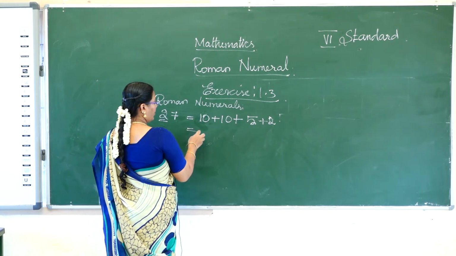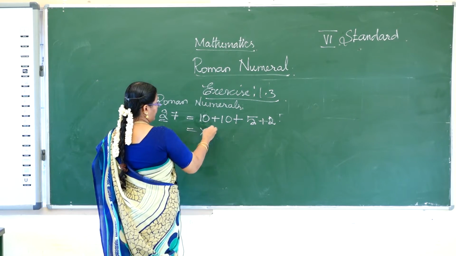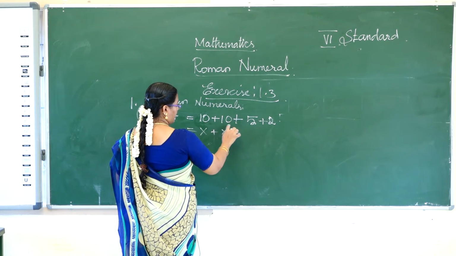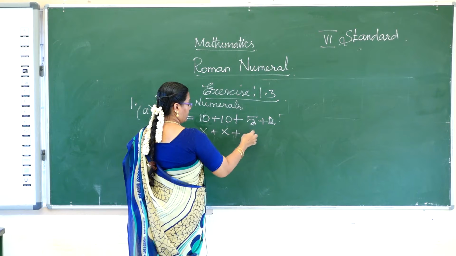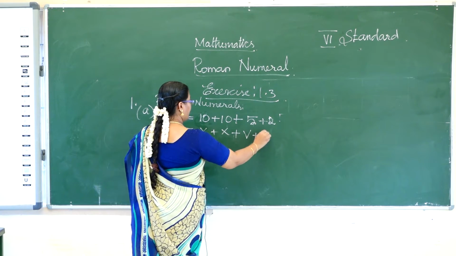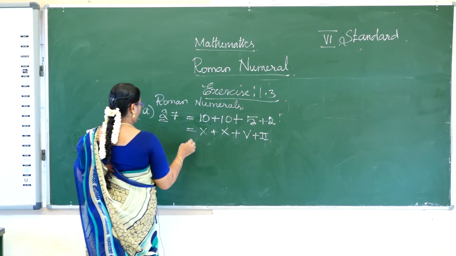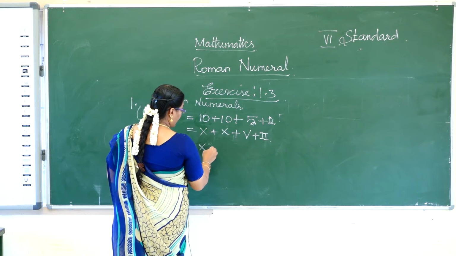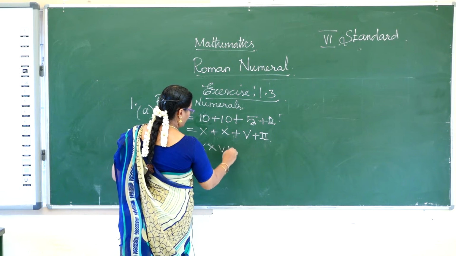So, what is the Roman letter for 10? X. Here X, X. Here the 5 value is V, then I, I. So, the Roman form is X, X, V, I, I.